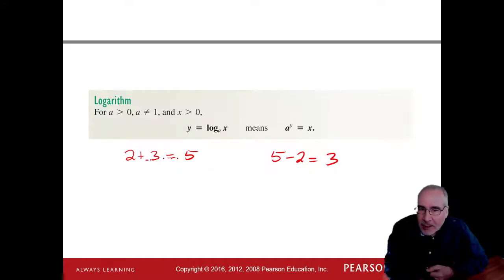But notice how on one side we've got these two together equals a number, and the inverse operation has 2 come over and 1 goes over. So the one that was by itself, the 5, now has a partner. Okay, so it changes because this is an inverse operation. This is subtraction.